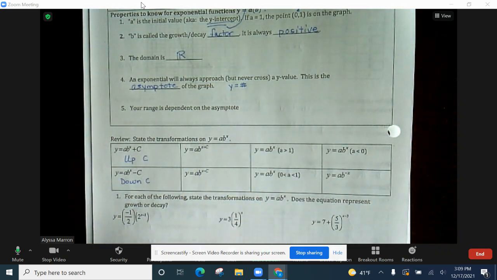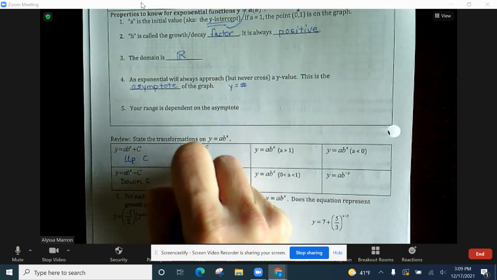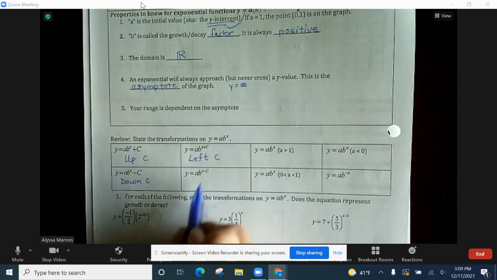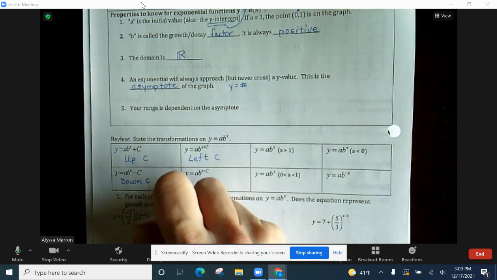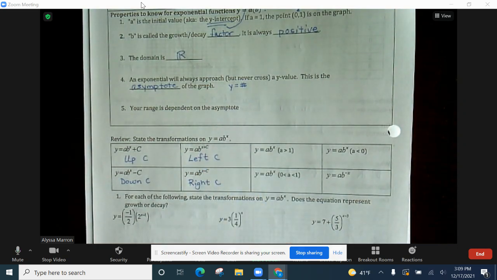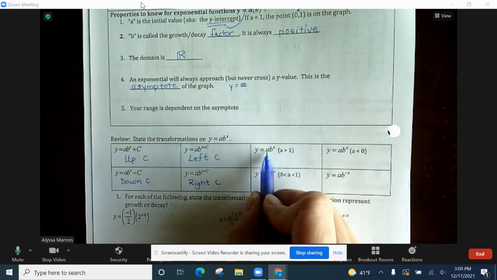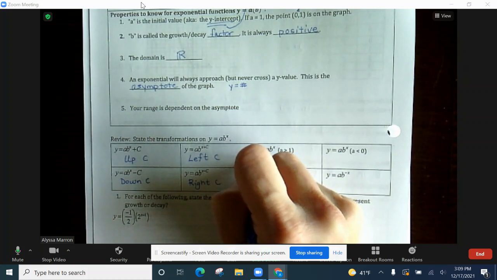So x plus c, we would think we're shifting to the right. We're actually going to be shifting to the left c units. Same with this, x minus some constant. We would think we're going left, so we are in fact going right c units. If this leading coefficient here is greater than 1, we say it's vertically stretched.